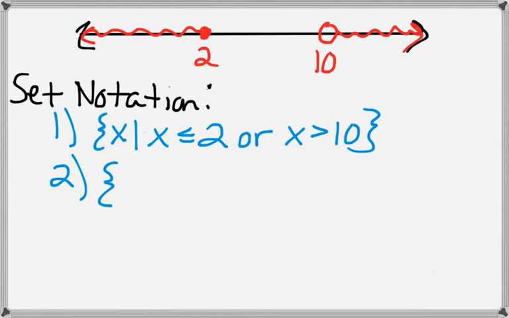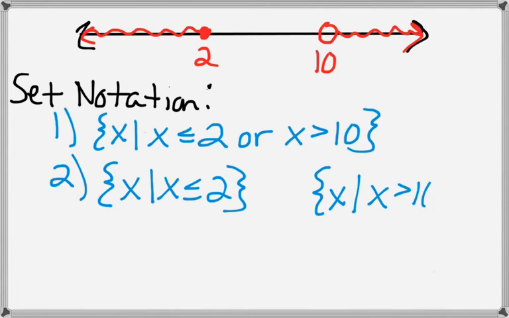So for example, the numbers at the left end could be described with this set, the set of all x such that x is less than or equal to 2. And then the numbers at the right end could be described as the set of all x such that x is greater than 10. Now to combine those two sets and make one larger set out of them, we use this symbol here, which stands for union.